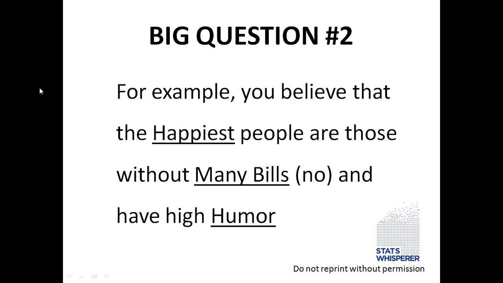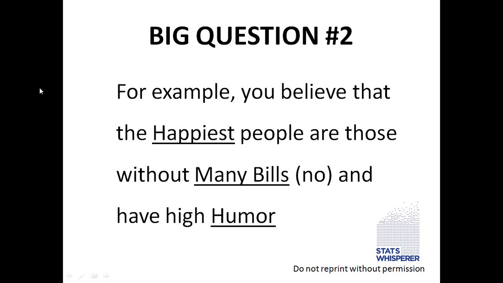So for example, suppose we want to explain who the happiest people in our sample are, right? So we say that people that don't have many bills monthly will probably be happier than people that do, right? And also we might say that levels of humor might be associated with more happiness, right?